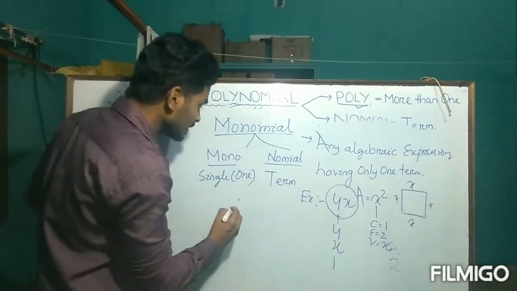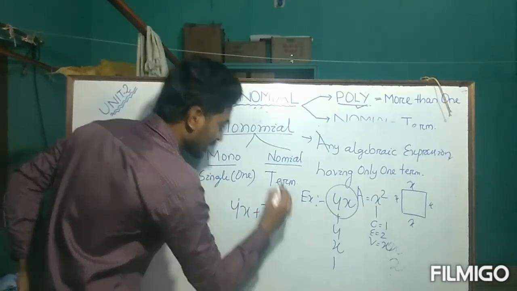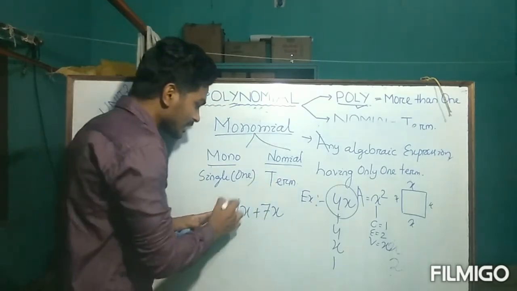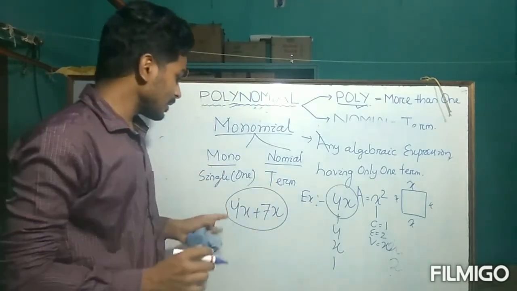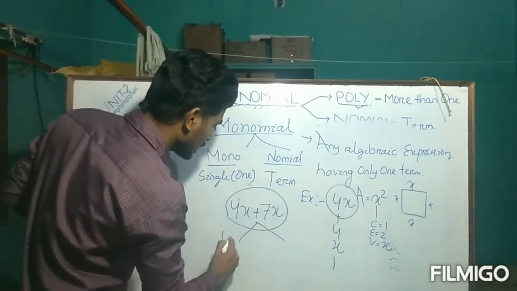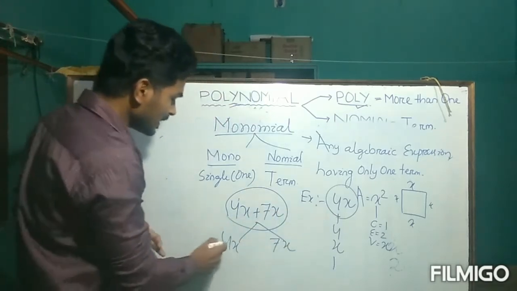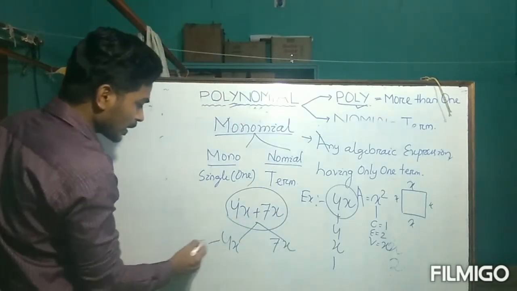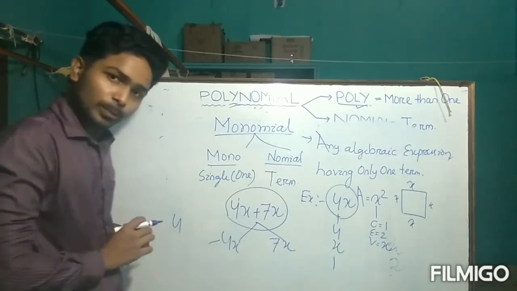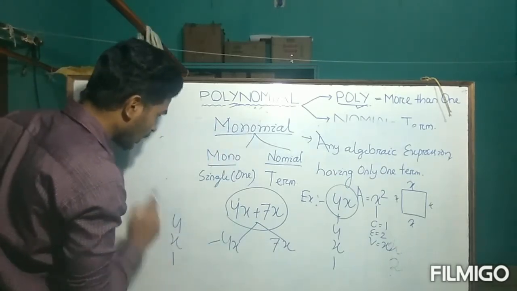One more example is 4x plus 7x. This algebraic expression consists of two terms. One is 4x, the other is 7x. In 4x, we have the coefficient 4, the variable x and the exponent 1.